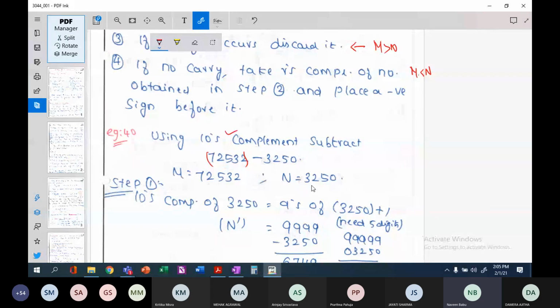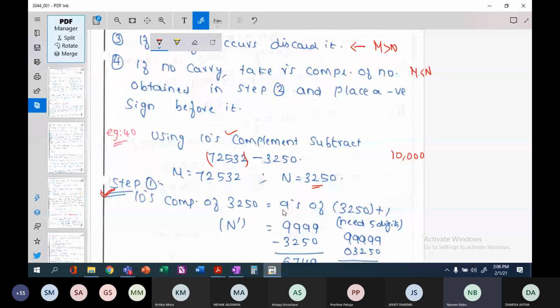Step 1, as mentioned here: take the R's complement of this number n. R here is 10. So the 10's complement of 3250 is either you take the 9's complement and add 1, or you can subtract it from 10,000. Whichever is easy, you can do it.